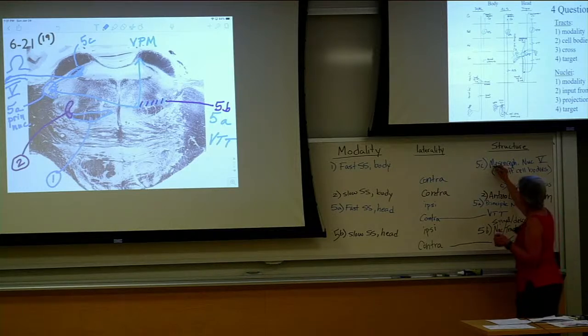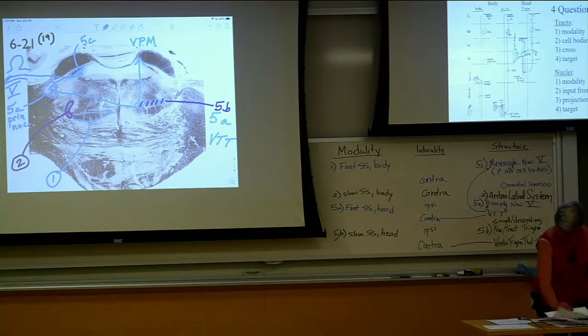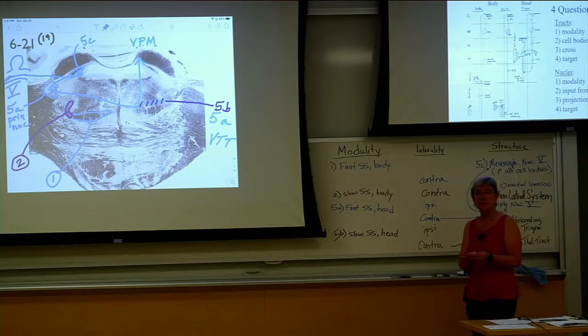But the neurons located there also send their information for that first synapse to the principal nucleus of 5, which then sends its information through the contralateral VTT. All right. So I think we've covered everything on this.